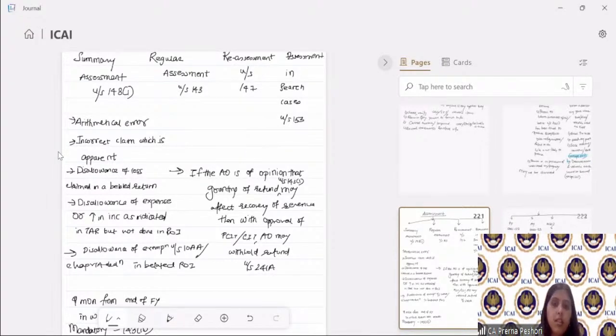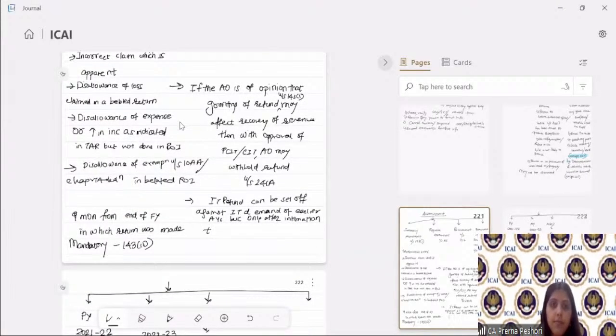So, income tax refund can be set off against income tax demand of earlier AYs, but only after intimation to the assessee. Is that clear? Any doubt?